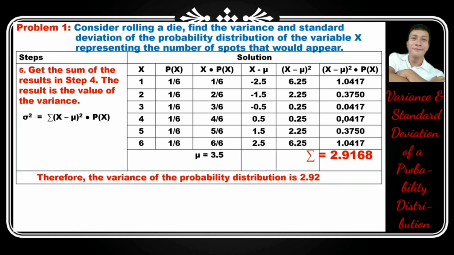And that is according to the formula, the variance equals the summation of quantity x minus mu squared times the probability of x. Adding the results in step 4, the sum is 2.9168. Therefore, the variance of the probability distribution is 2.92 if rounded off.